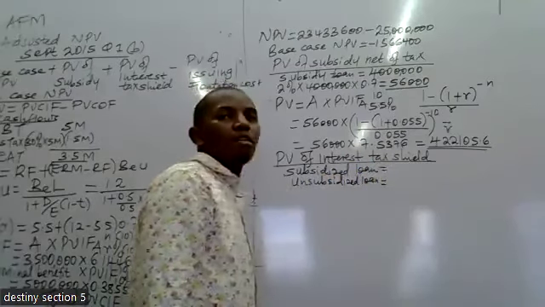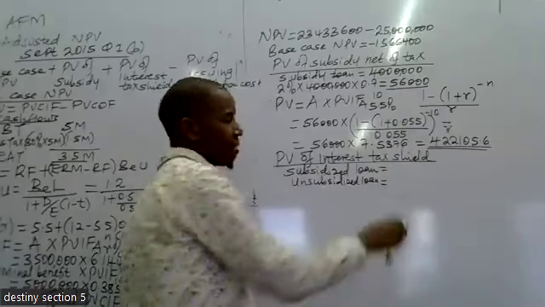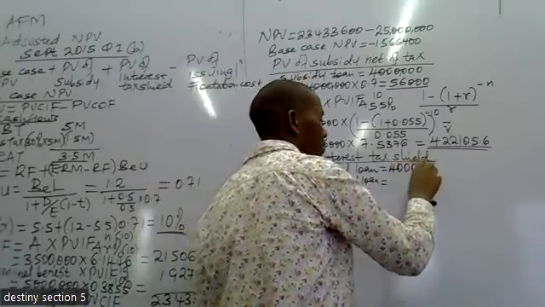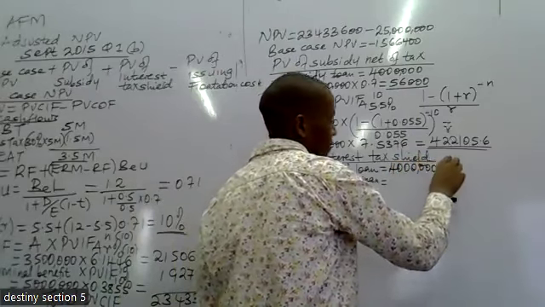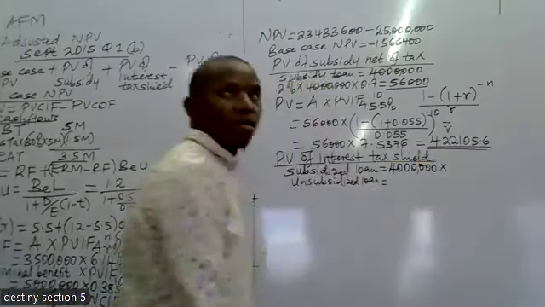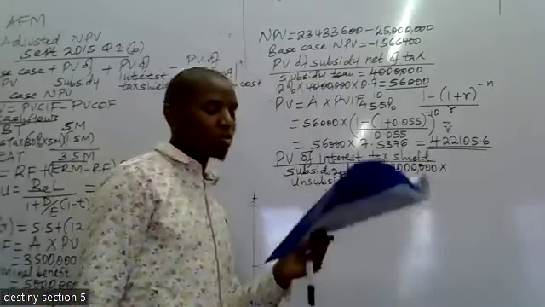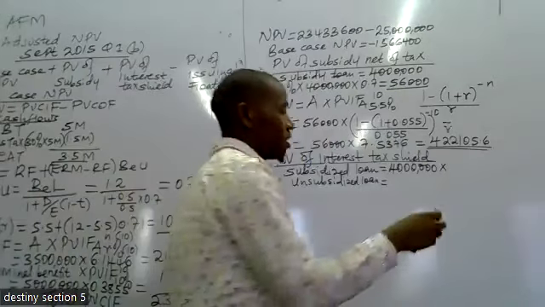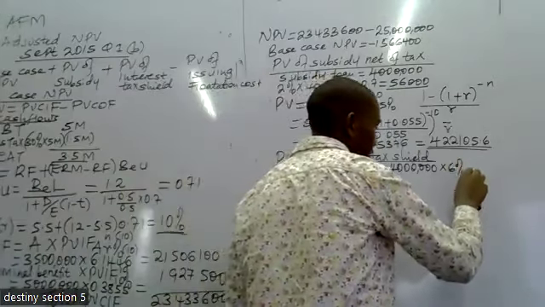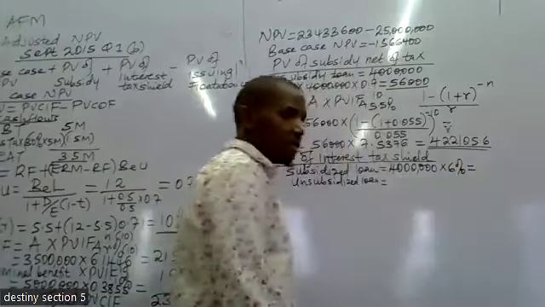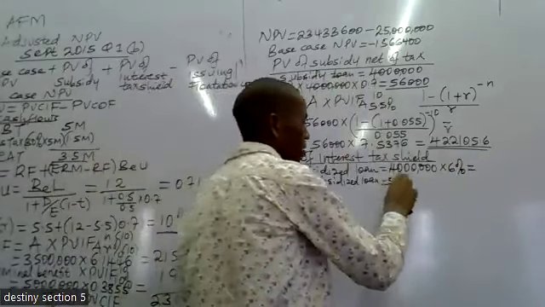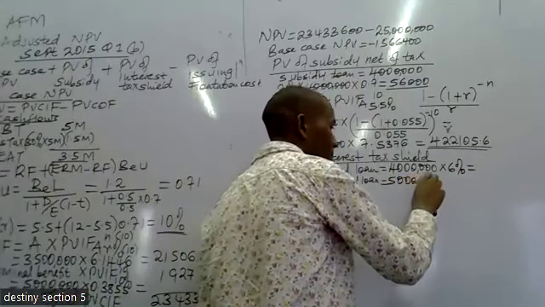For the subsidized loan, how much was it? 4 million. So this one was offered at what interest? 6%, because it was below the company rate, which is 8%. So this was 6%. And this one of 5 million was offered at how much?